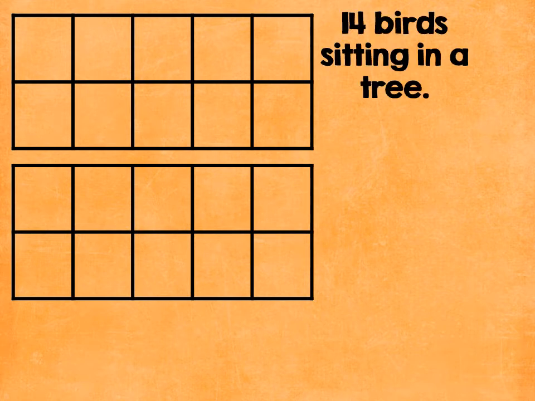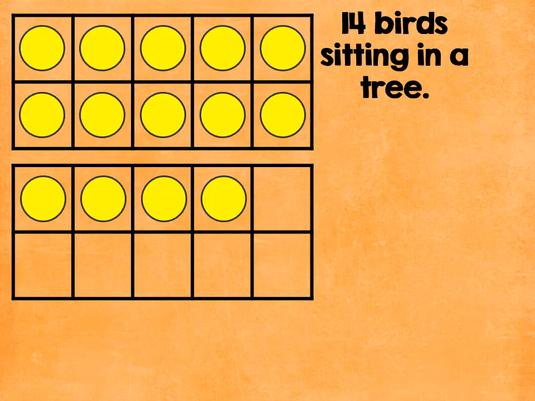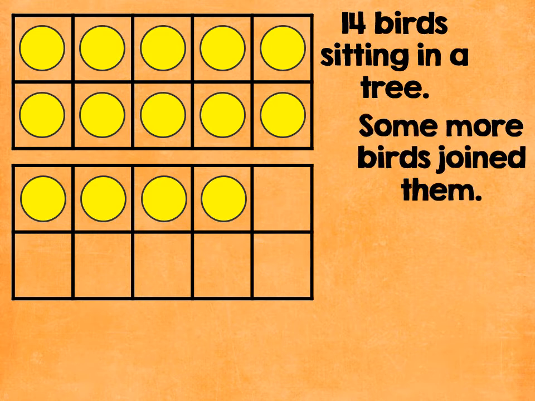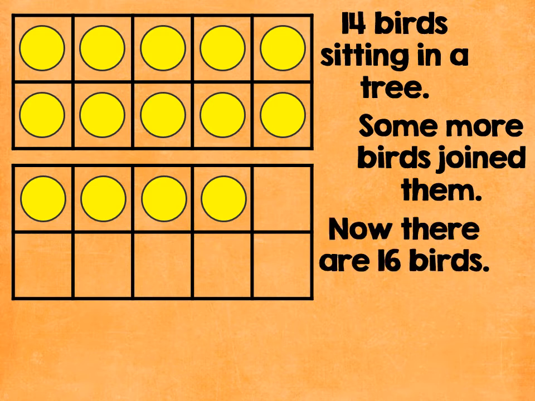Now that you have your model, let's take a look. There were 14 birds sitting in a tree. So here are my 14 birds sitting in the tree. Each of these yellow circles is 1 bird. Some more birds came. I don't know how many yet, it just says some. And now there are 16.